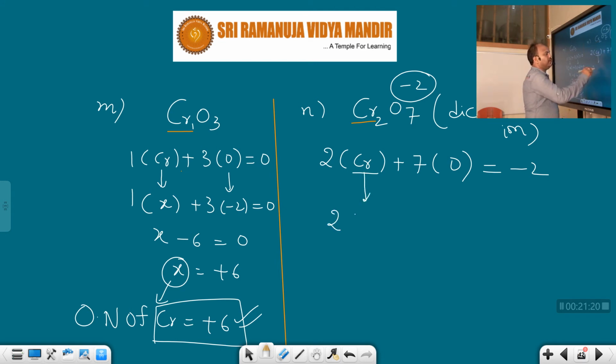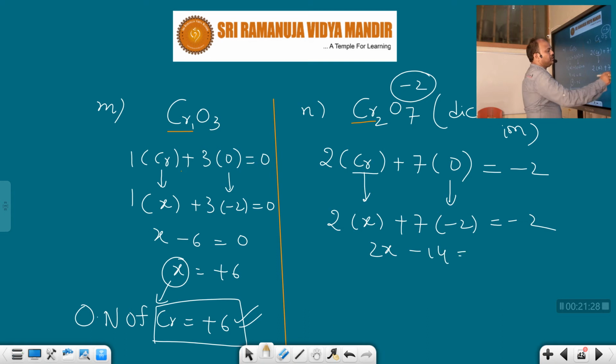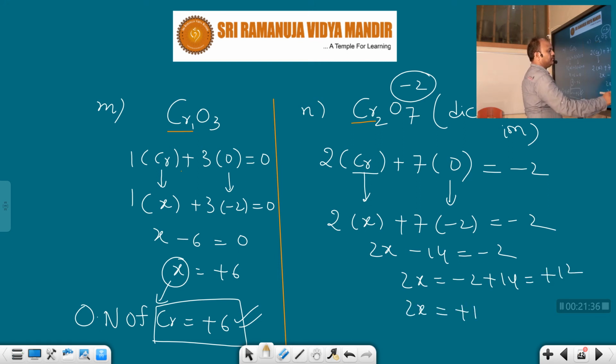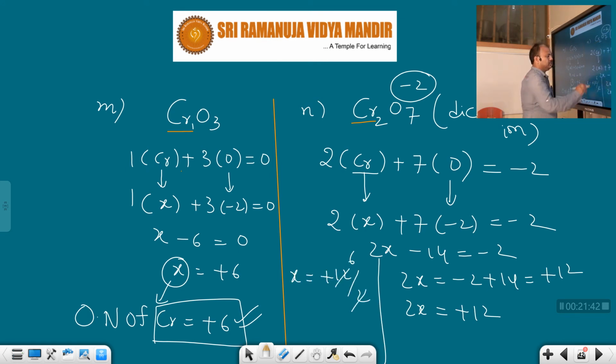Chromium oxidation number we have to find. Say X. Oxygen generally exhibits oxidation number -2. So 2x minus 14 is equal to -2. 2x is equal to -2 plus 14, how much? Plus 12. 2x is equal to plus 12. X is equal to plus 12 by 2. That means how much? Plus 6. So x is equal to plus 6. What is x here?